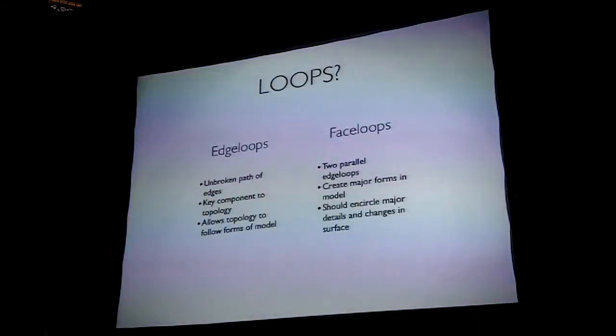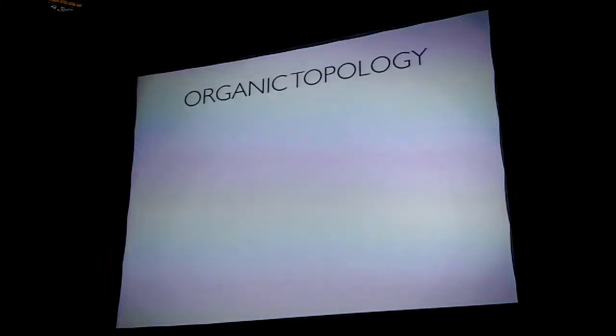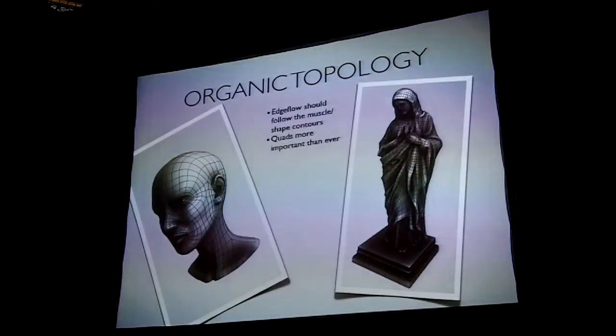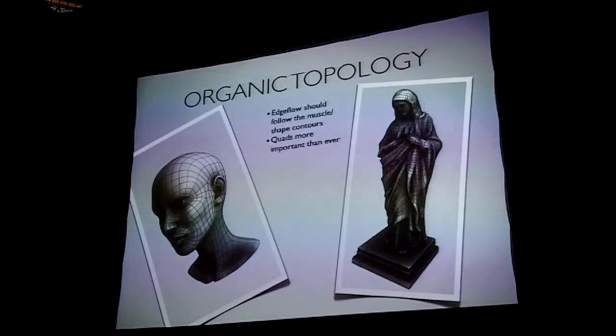So in the case of organic modeling, you'll have all of your organic topology. You'll have all of your edge flow, such as your individual edge loops and your face loops, which are nothing more than 2 parallel sections of edge loops that are then connected by faces. They'll follow all of your individual forms, your muscle contours, and really here in particular is where quads and such are more important than ever.